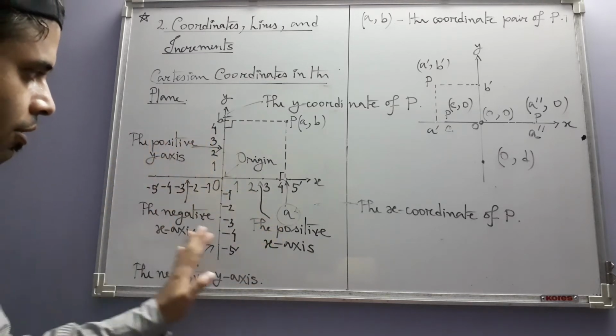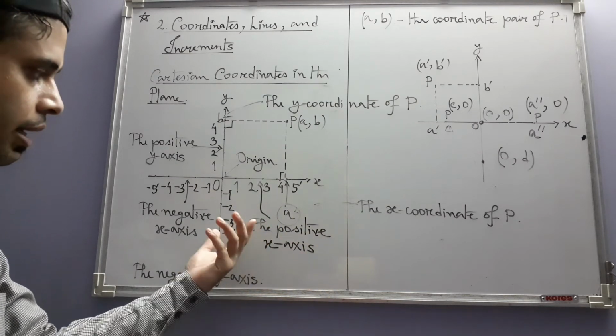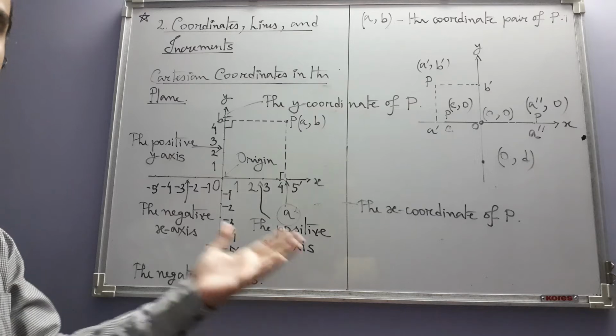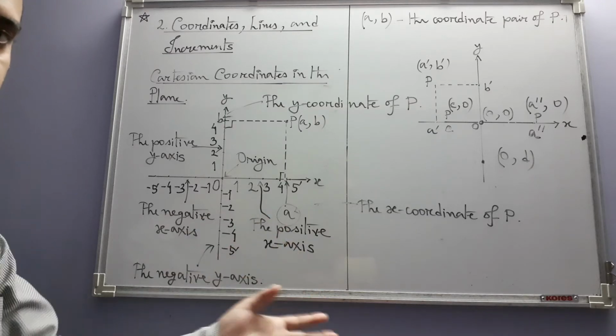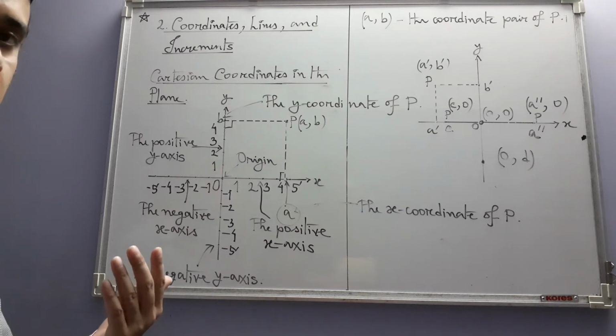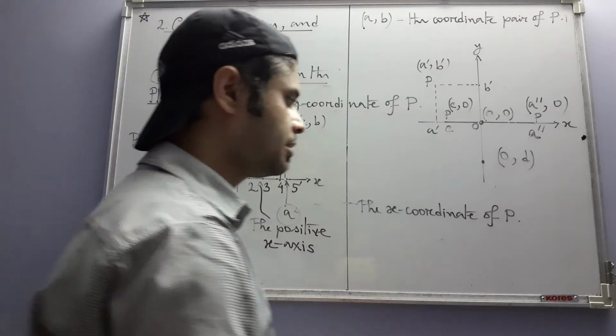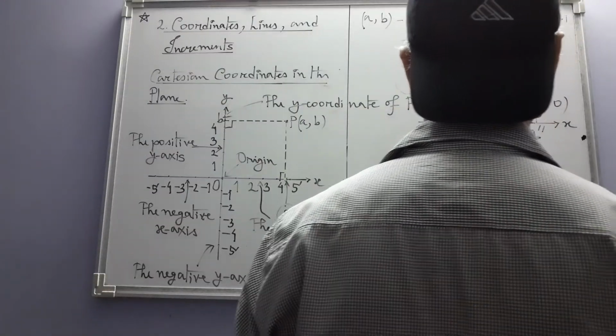And in all the 4 cases, the coordinate pairs that we get have non-zero real numbers, non-zero x coordinate and non-zero y coordinate. So that means each one of them will either be positive or negative, each coordinate, x coordinate and y coordinate. Now what is the distribution of signs?